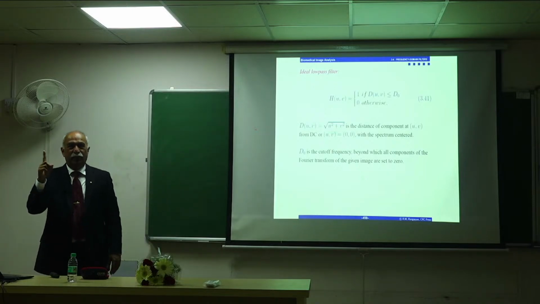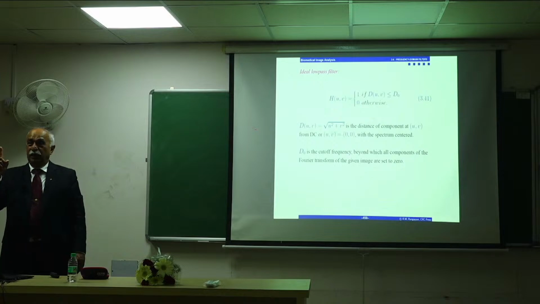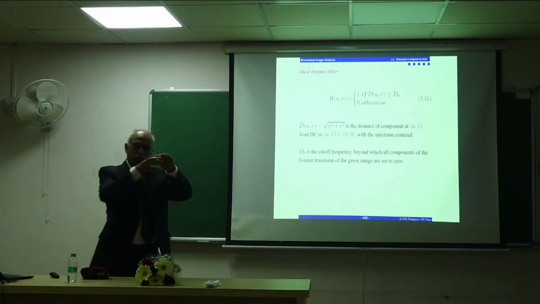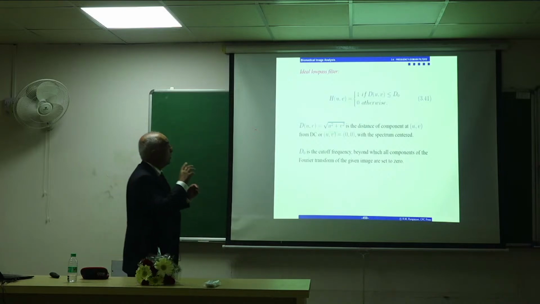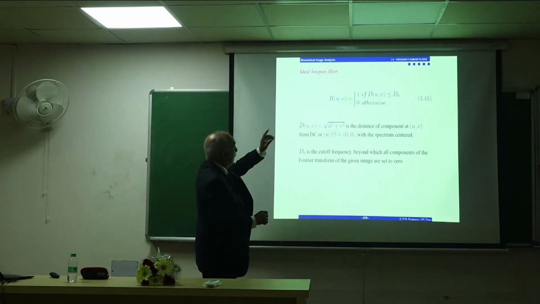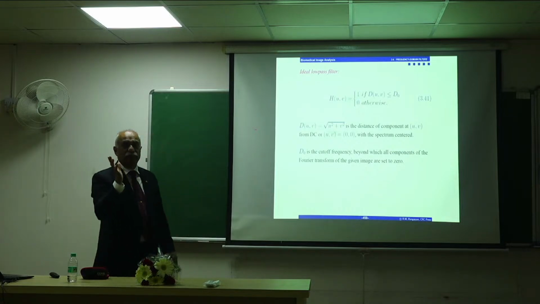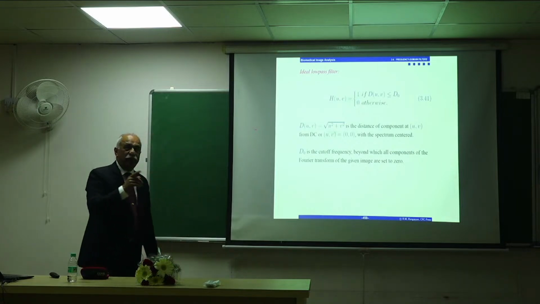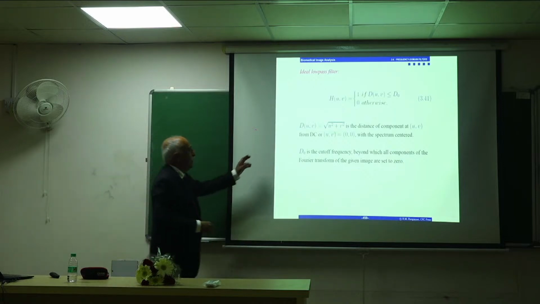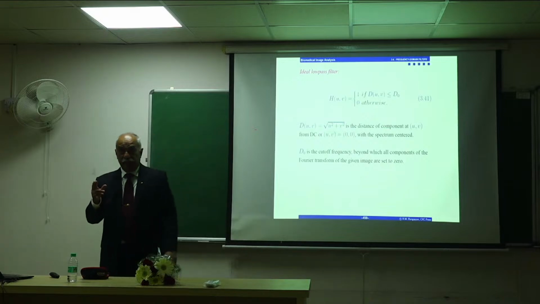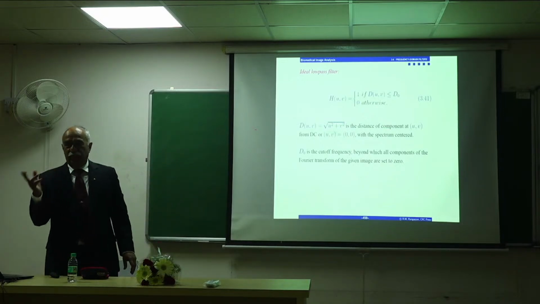And if it is an impulse in the frequency domain, it is band limited, but its inverse Fourier transform is a constant forever, over all space. The ideal low-pass filter is defined to have gain 1 up to some frequency D0, where D(u,v) is the distance from the origin, or square root of u squared plus v squared, u and v being the horizontal and vertical frequency coordinates in the Fourier space.